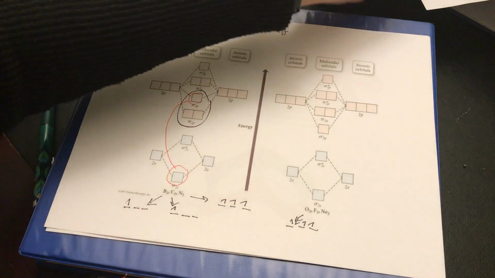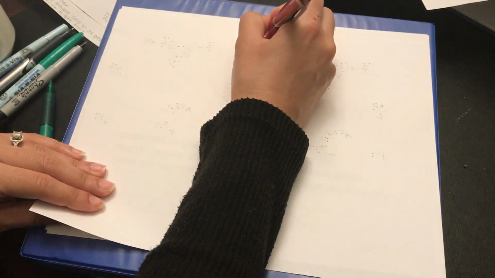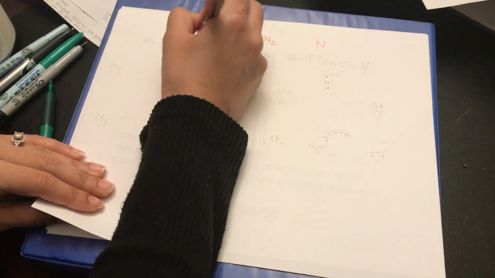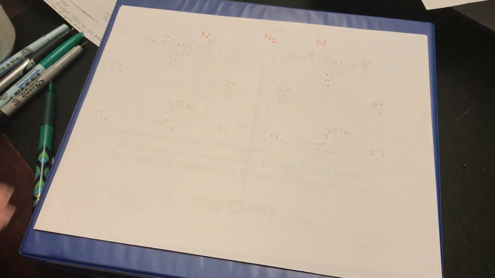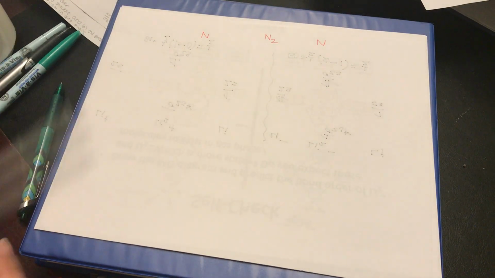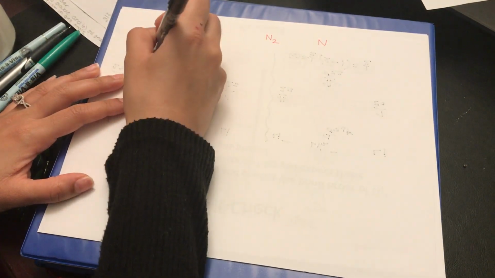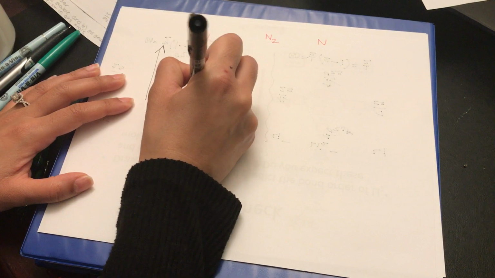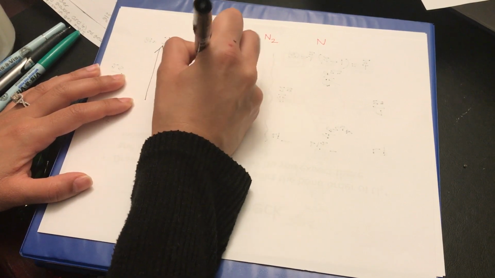So with that said, let's do the molecular orbital diagram for N2. Let's take a moment to do that. So we have the energy, nitrogen 2s, 2p.